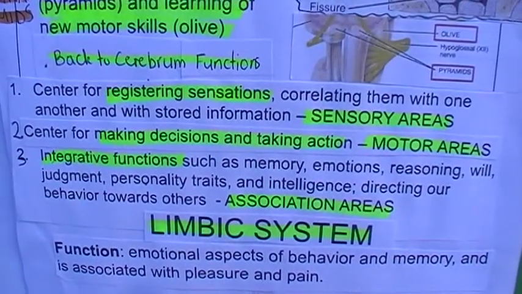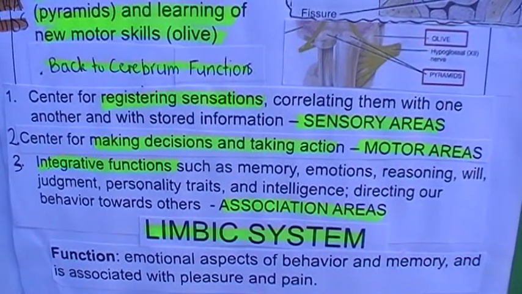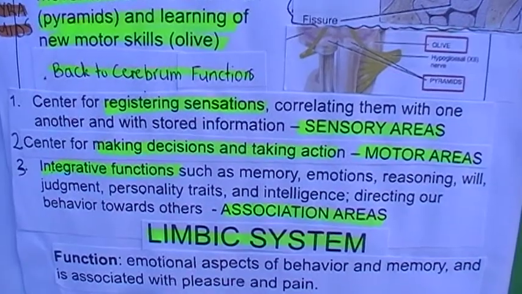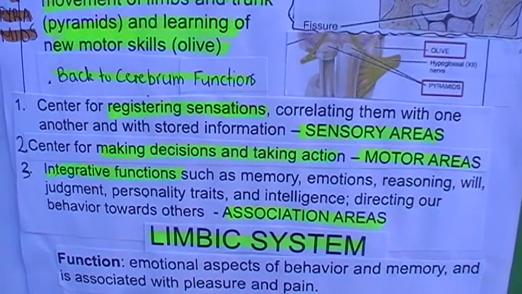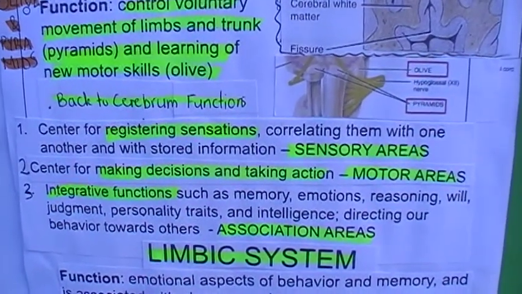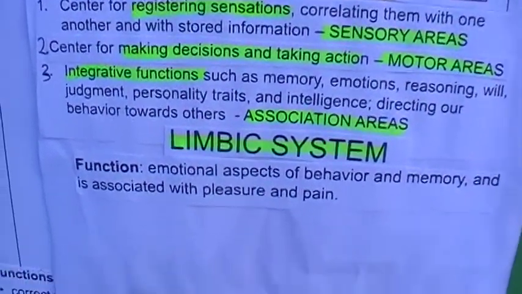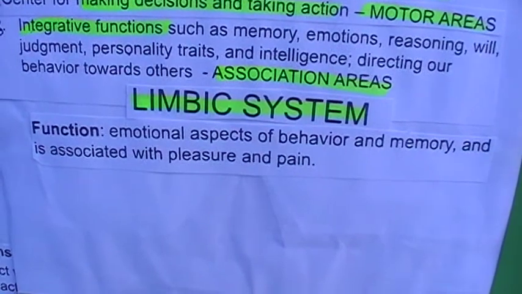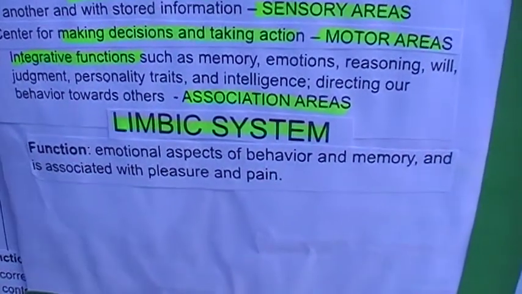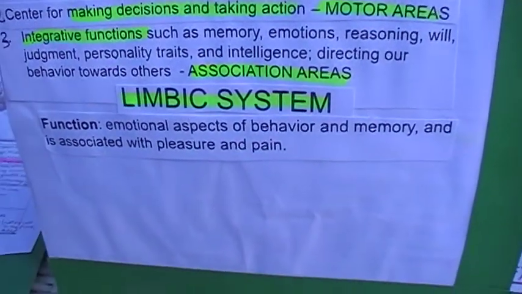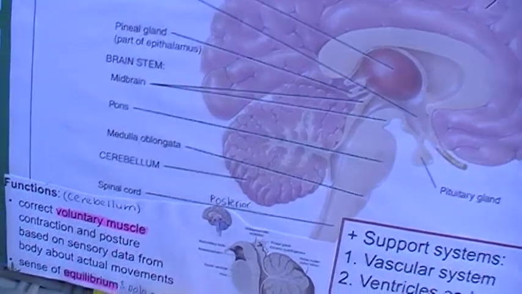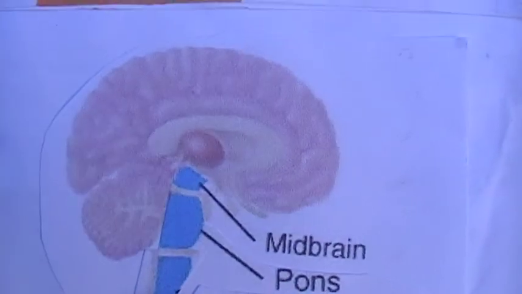Sensory areas, registering sensations. Association areas, integrative functions such as memory and emotions. Motor areas, centre for making decisions and taking actions. The limbic system is all emotional aspects of behaviour and memory, and is associated with pleasure and pain. And the limbic system is like that question mark.